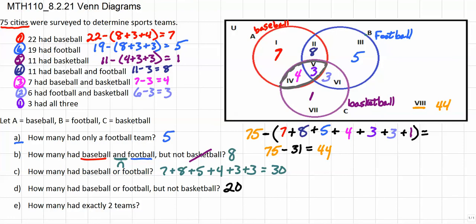These are the intersections of the circles. But because we're looking for cities that only had 2 teams, we'll exclude this center. So there's 8 cities there, 4 cities there, and 3 cities there. Add that together, which is 8 plus 4 plus 3, and you will end up with 15 cities.